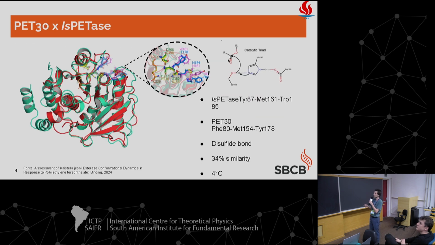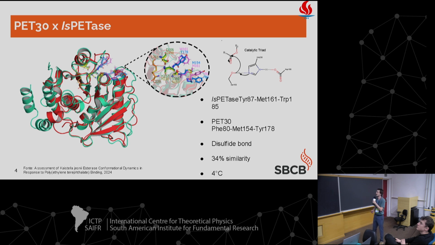It is the red one here. And in 2022, a new esterase enzyme capable of degrading PET was described and named PET30, and this esterase was able to degrade PET in a cold environment.